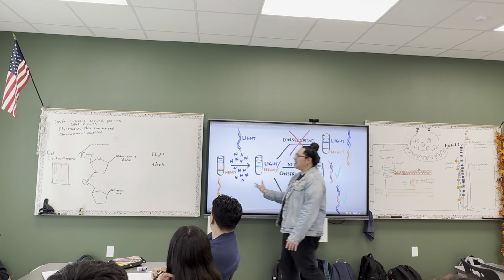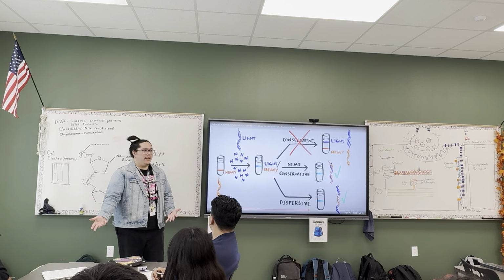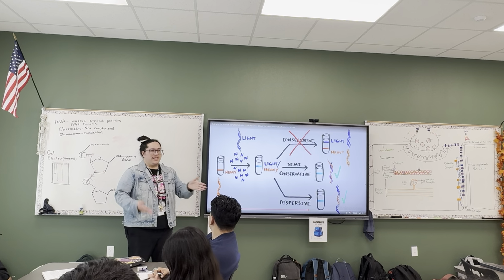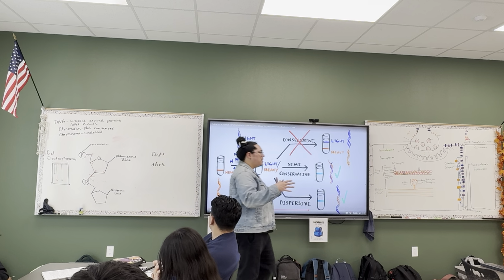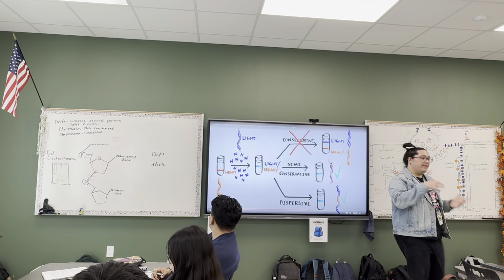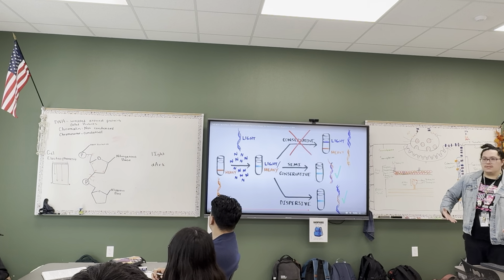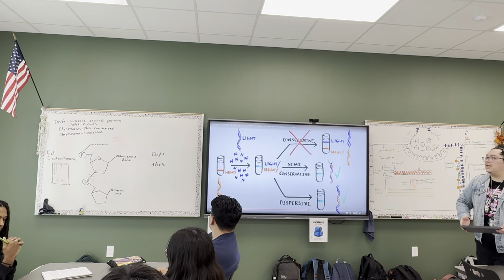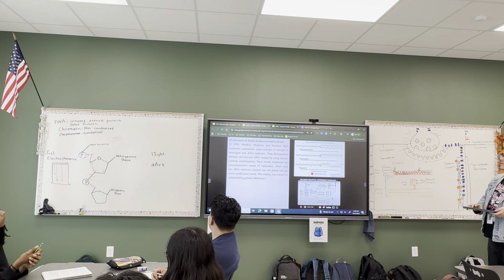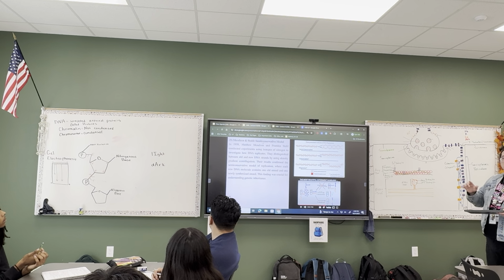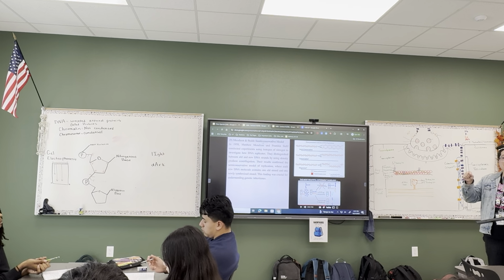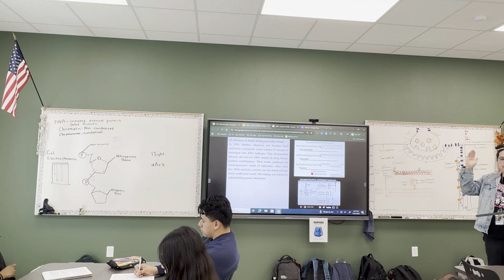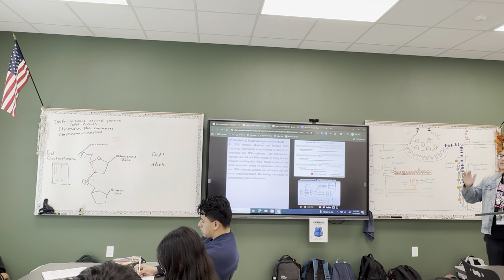What they did was feed a whole bunch of E. coli heavy nitrogen as an isotope, and then they tracked it to see where it went. We're not looking at all the details of the experiment. We just need to know the conclusion. They used radioactive nitrogen to find out that DNA replicates in what kind of manner? What is the title of the section? Semi-conservative. That means that every DNA molecule that is made is made up of one old strand and one new strand. One strand that was completely, 100% newly synthesized.